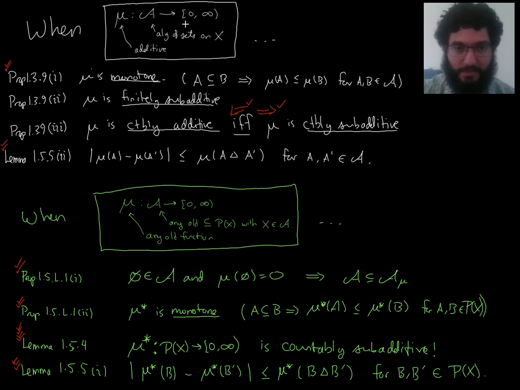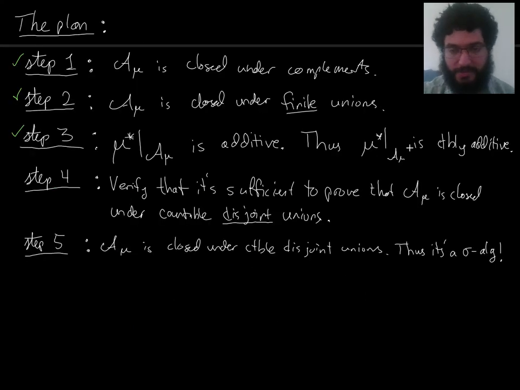It satisfies these hypotheses here, so we can apply proposition 139 part 3. And having countable subadditivity, which we do, thanks to lemma 154, is sufficient for having countable additivity. And I think I already put the red check marks for using that. So we now know that mu star is countably additive on a mu.